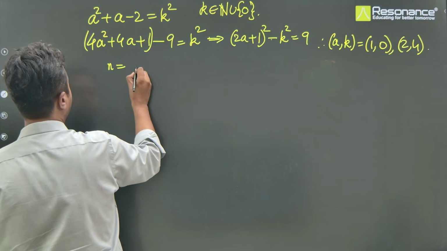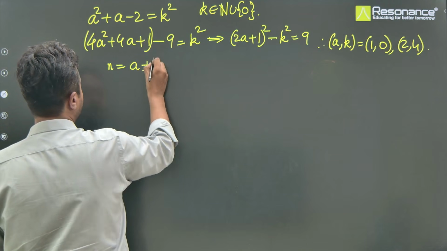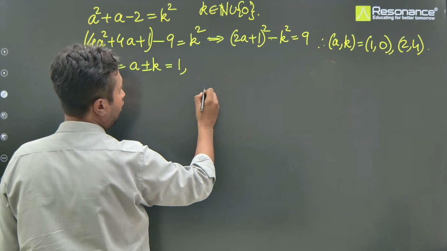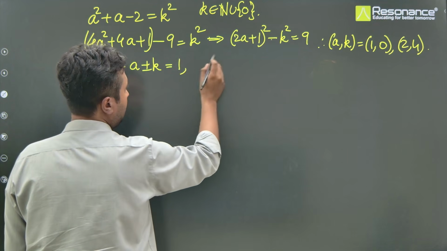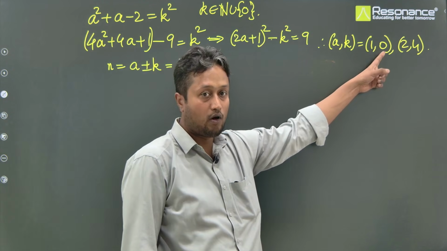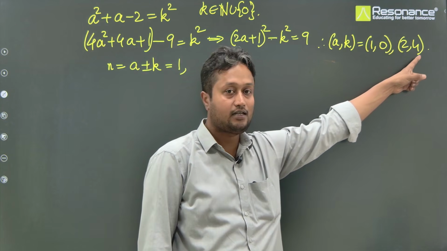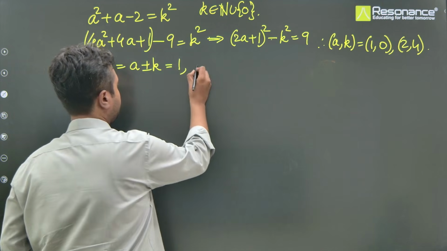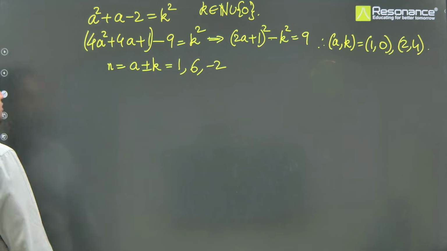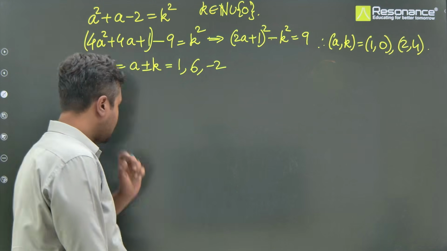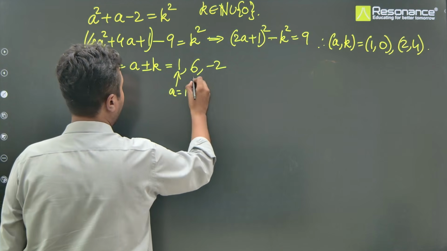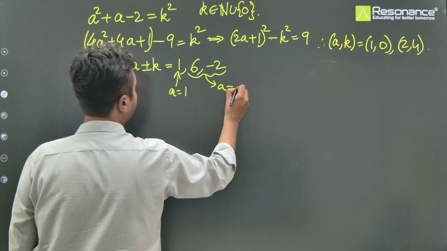So n would be a plus minus k, which means in our case it is either 1 or, well, a plus k in this case is 1, a minus k is also 1, and in the other case it is 6 or minus that, which is minus 2. So there are three cases that we need to work out. This was a equal to 1. These two cases, a is equal to 2.